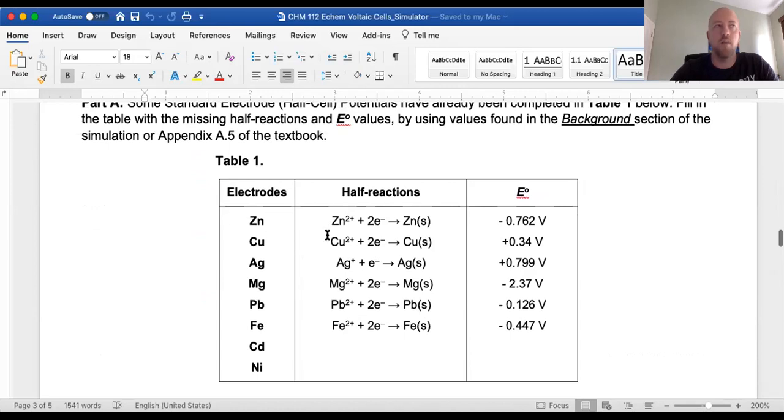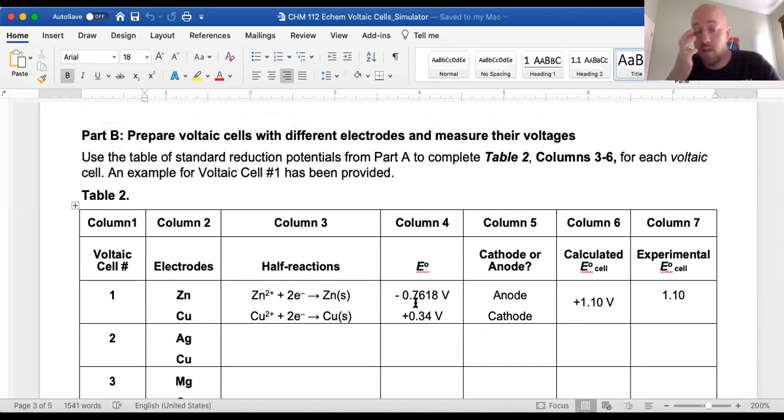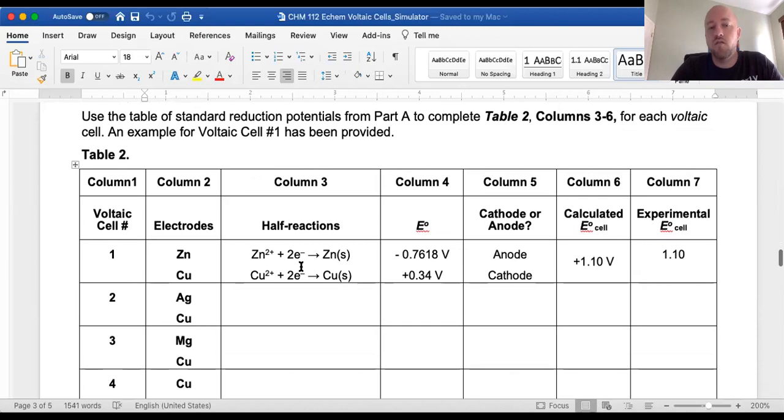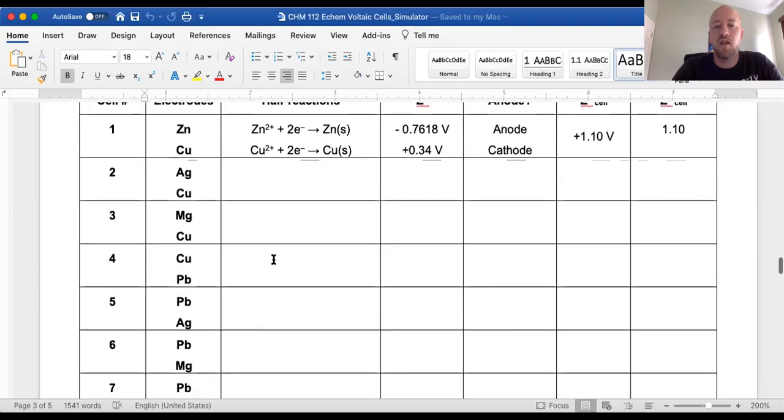These are common data tables found within our books, and this is the main data table you're operating from. They do the first one for you, the zinc and copper half reactions, which would be copied straight from your book.